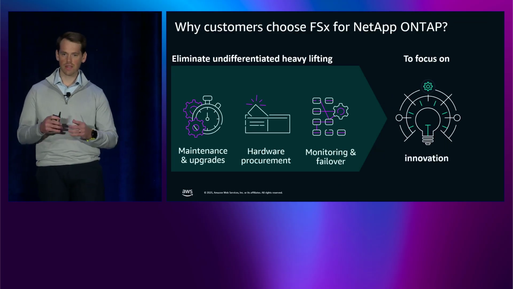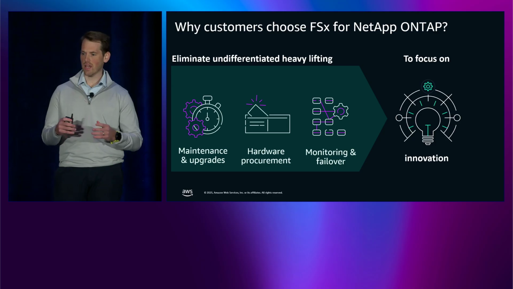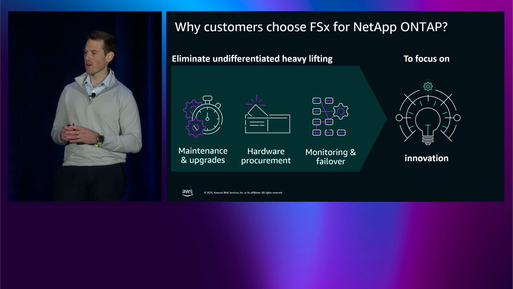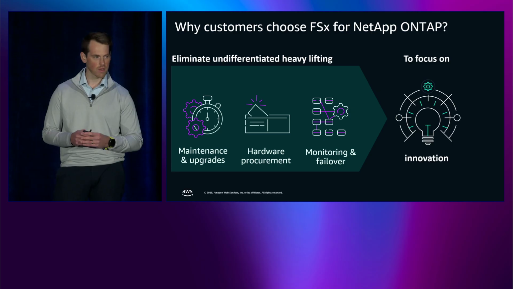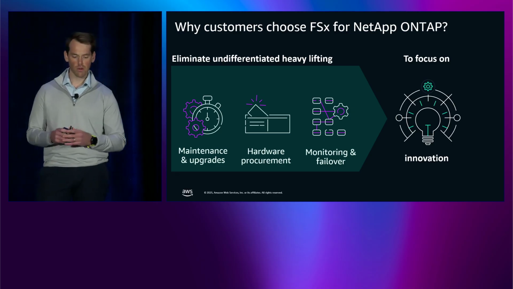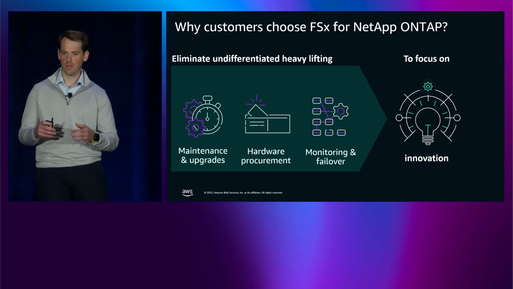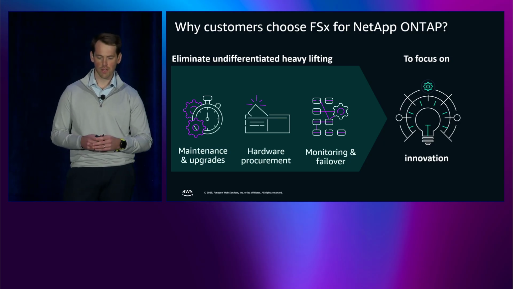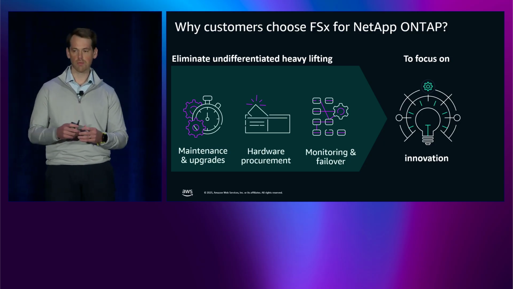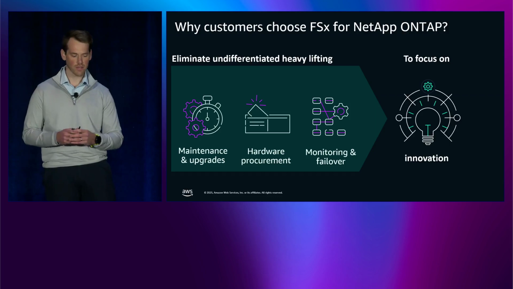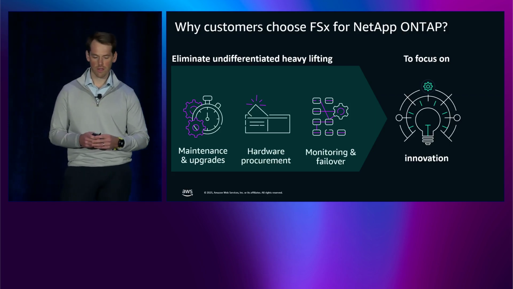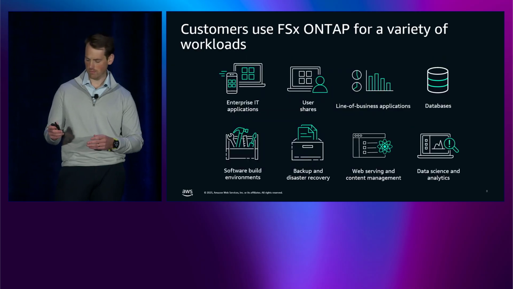FSx allows you to eliminate the undifferentiated heavy lifting of self-managed file storage and instead focus on innovation. For example, you no longer need to spend valuable time, expertise, and money on hardware procurement, software updates, patch management, troubleshooting, and the various other operational overhead required to manage storage.